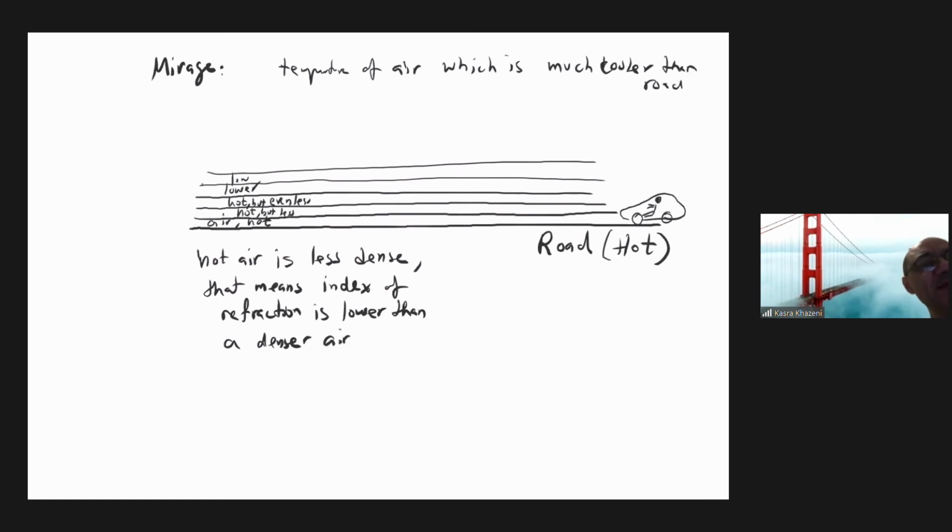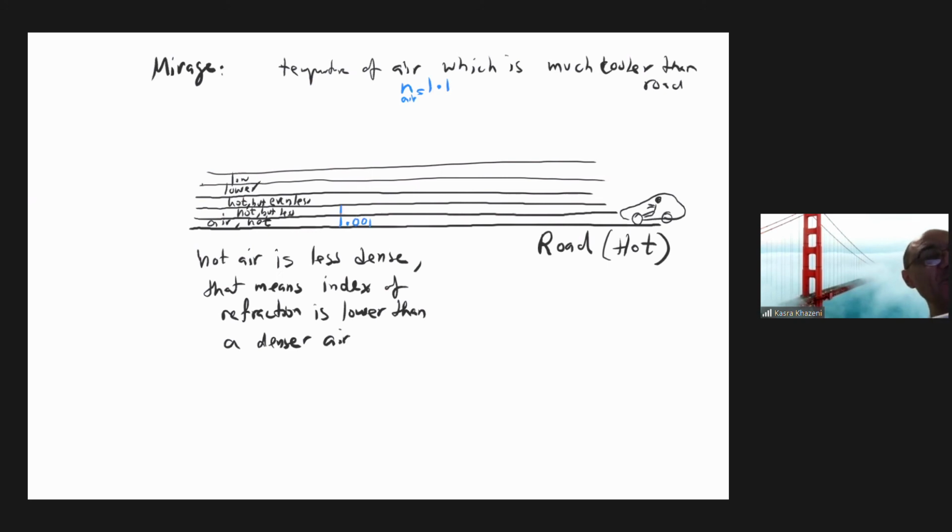So the index of refraction of this air is lower. Let's say the air up here has an index of refraction of 1.1, and this one is 1.001 because it's hotter, less dense.